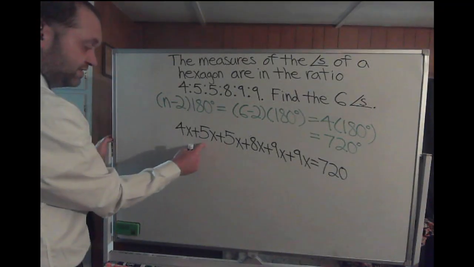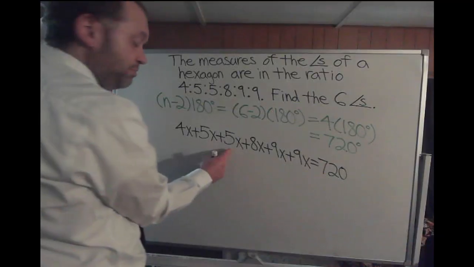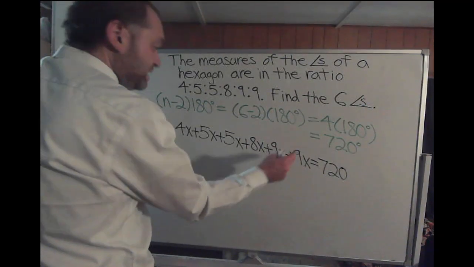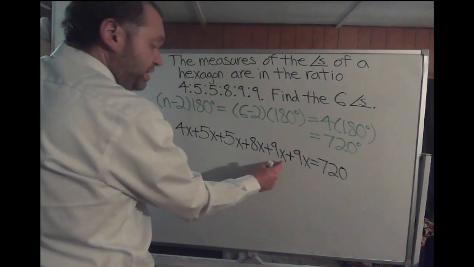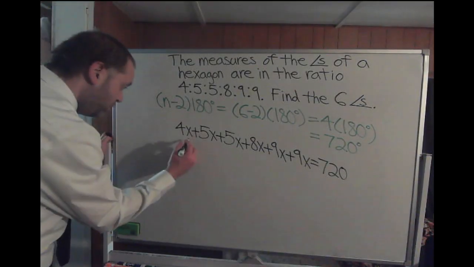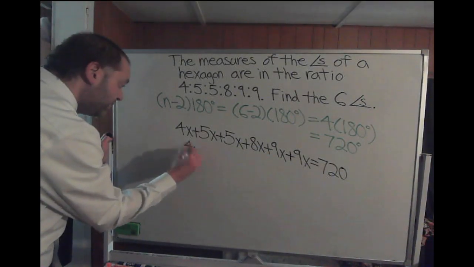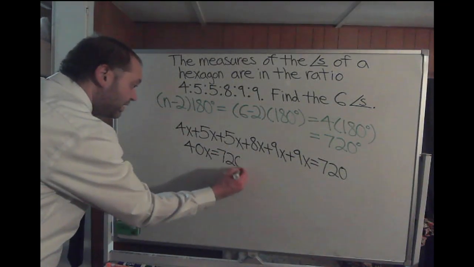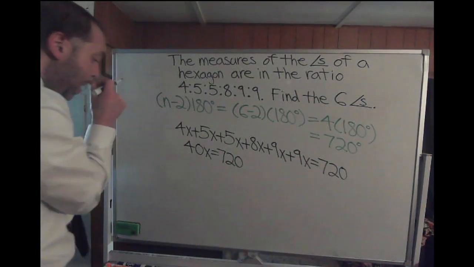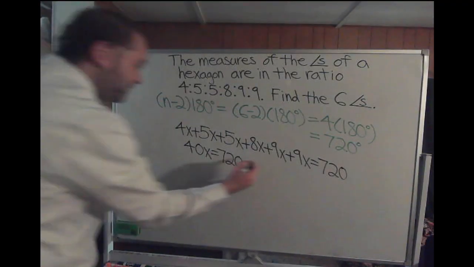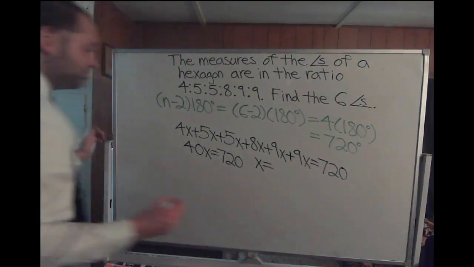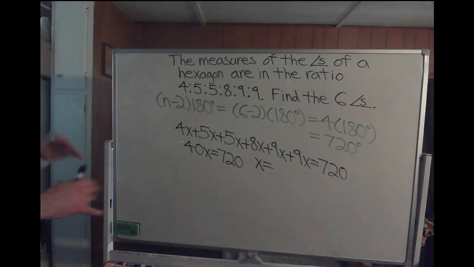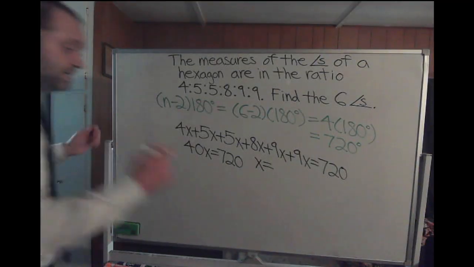So 4 plus 5 is 9, plus 5 is 14, plus 8 is 22, plus 9 is 31, plus 9 is 40. So therefore you'll have that 40x is equal to 720. Then both sides divide by 40. X would be equal to what? What is 720 divided by 40? Well, 720 divided by 4 is 180, so it'd be 18.